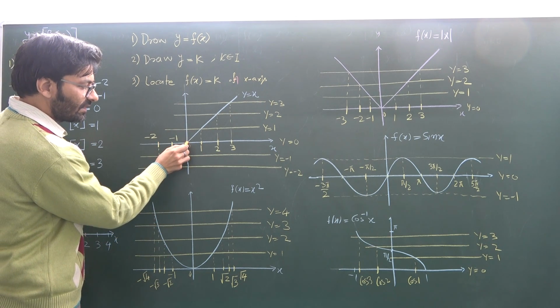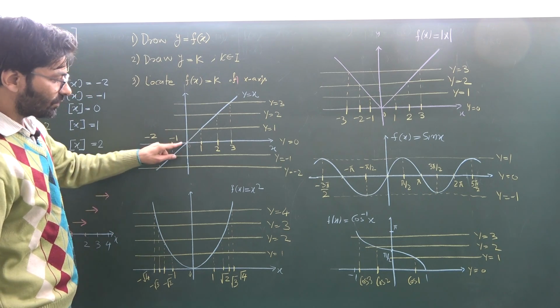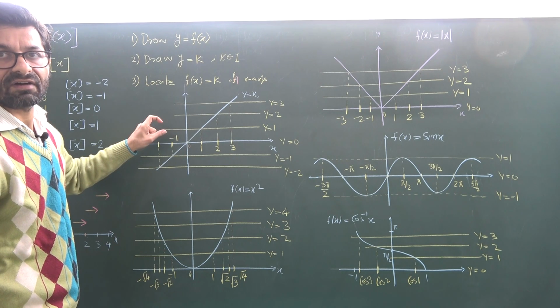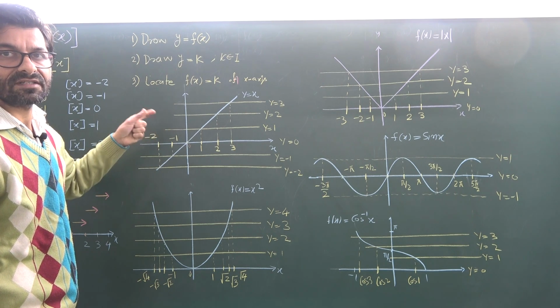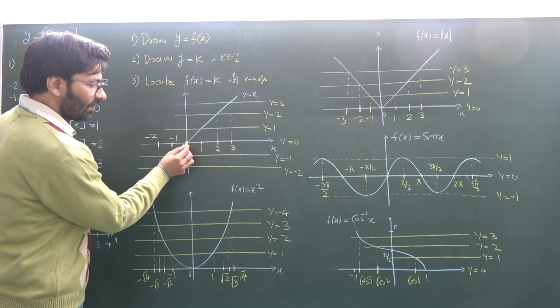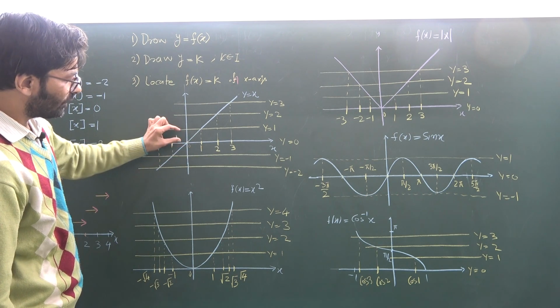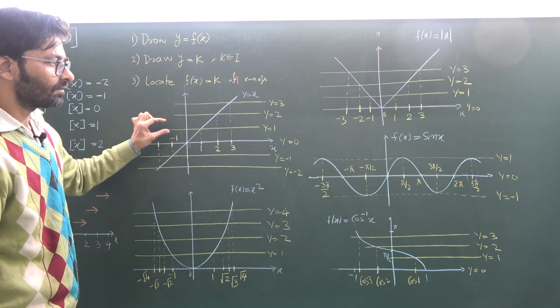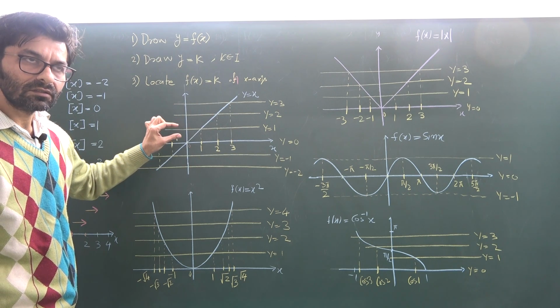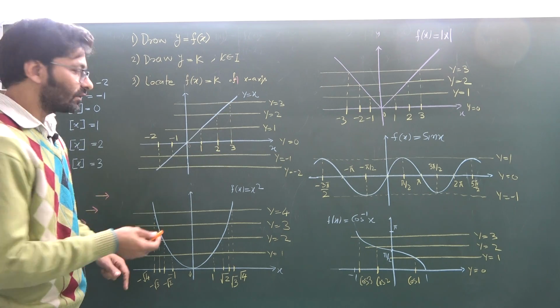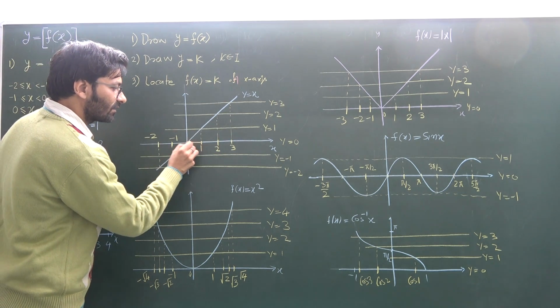The graph is increasing from 0 to 1, but within these two limits, y equals 0 to y equals 1, which means the greatest integer is 0. So when x is between 0 to 1, the y coordinate fluctuates between these two lines, and the lower value is 0, so the y coordinate is 0.